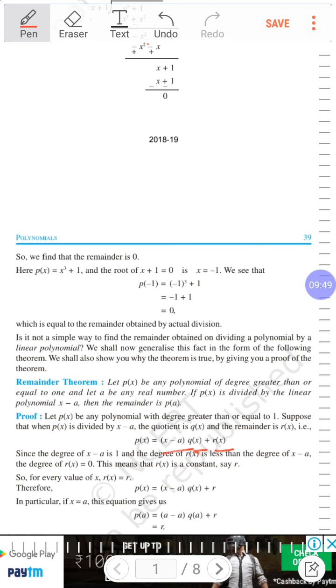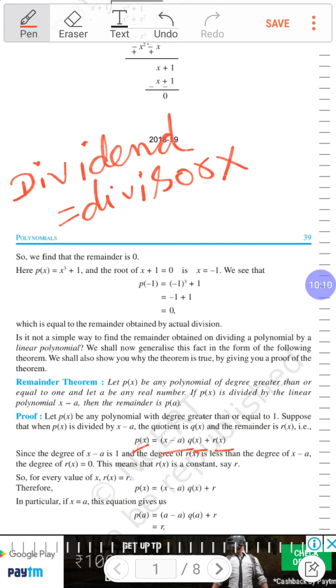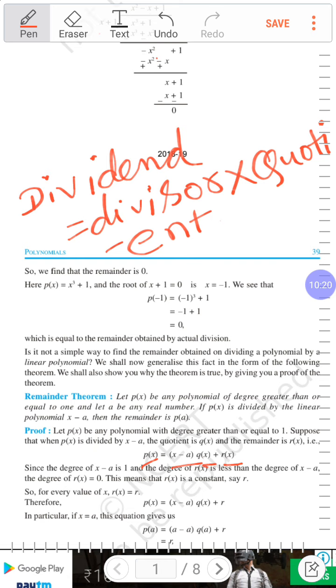So what had we read in earlier classes also? I am writing over here: dividend is equal to what? Divisor into quotient plus remainder.